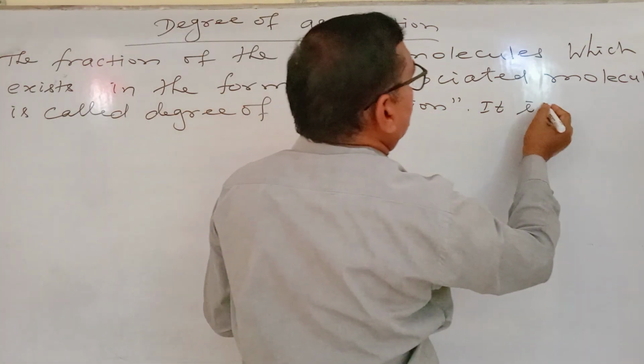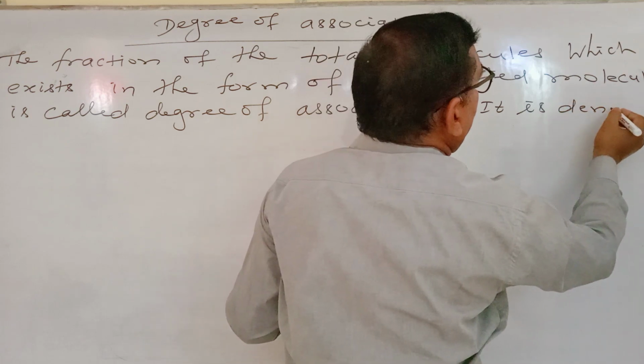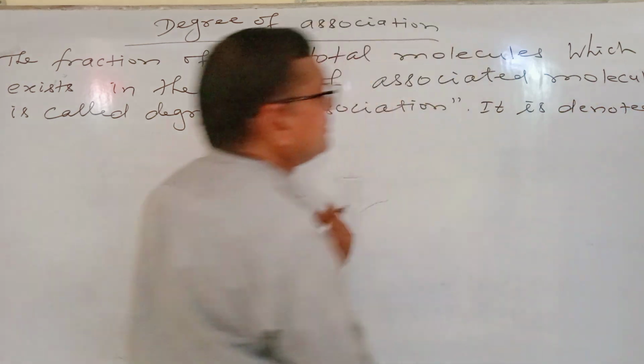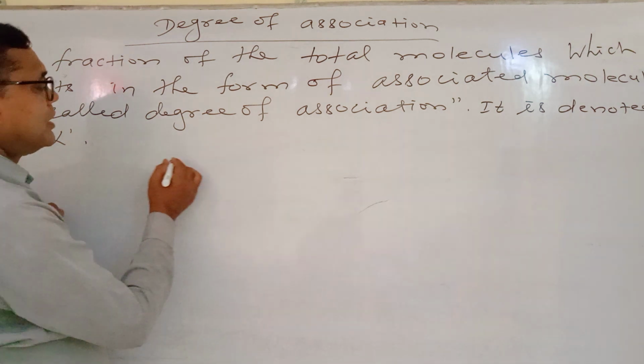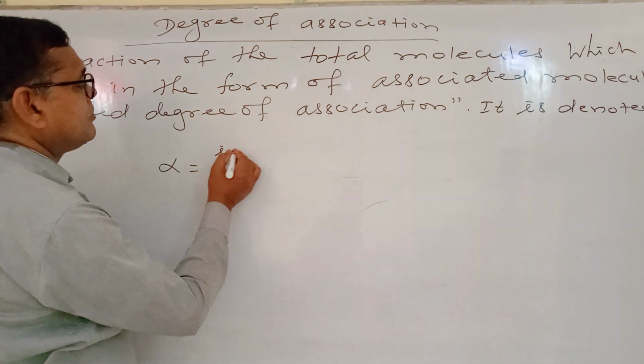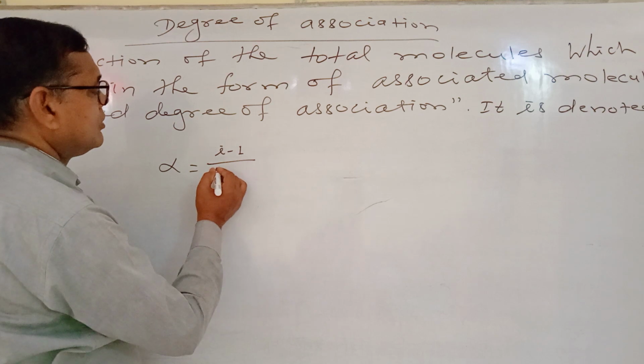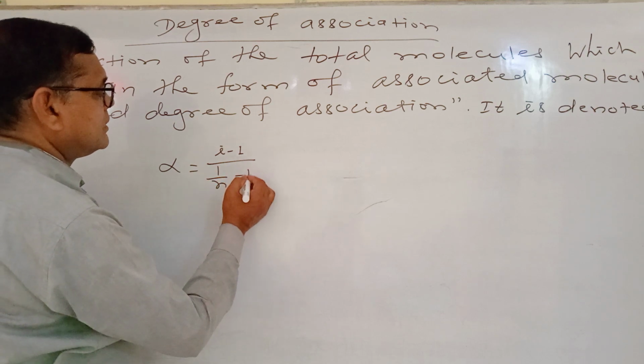It is denoted by alpha. The formula will be alpha is equal to i minus 1 upon 1 by n minus 1.